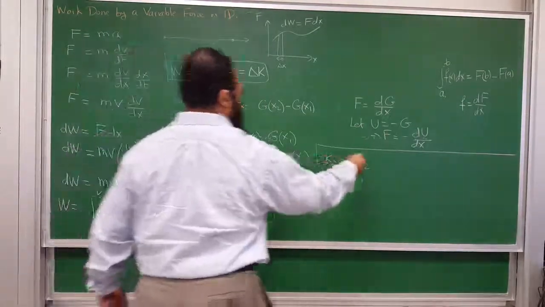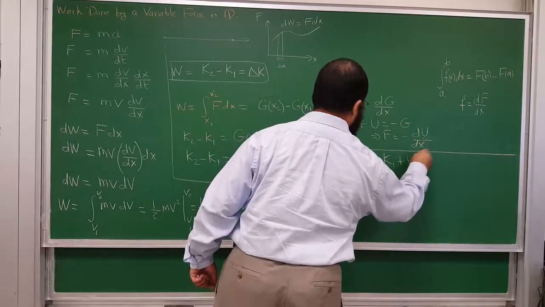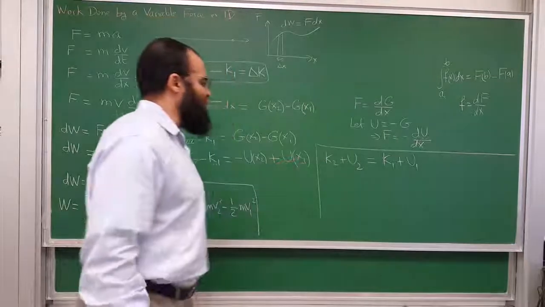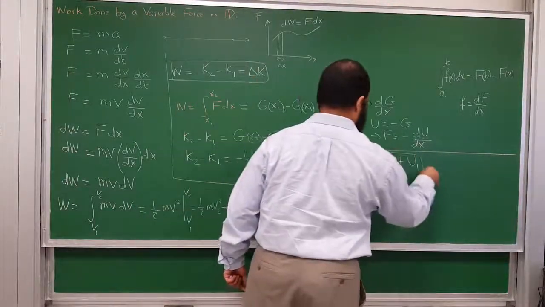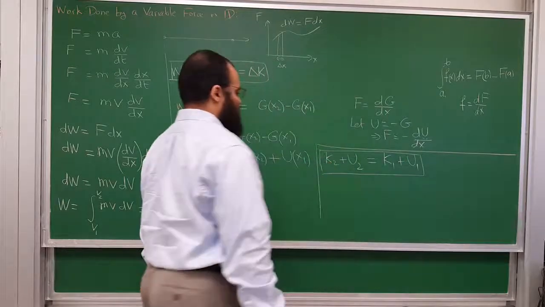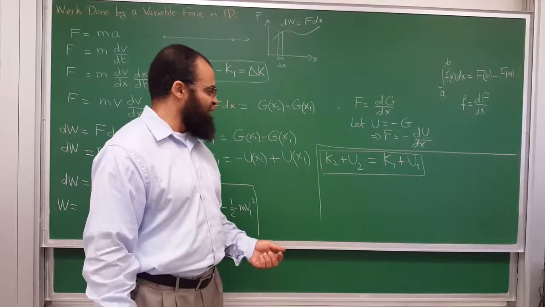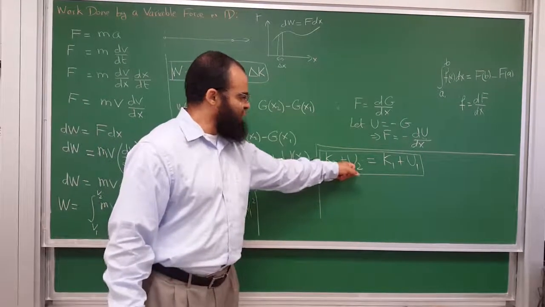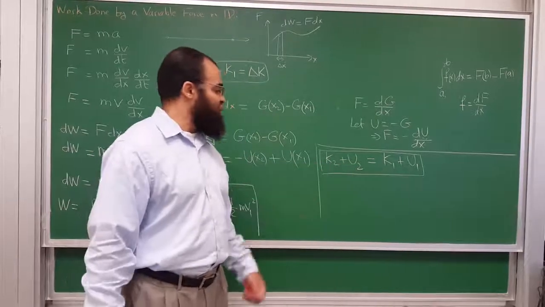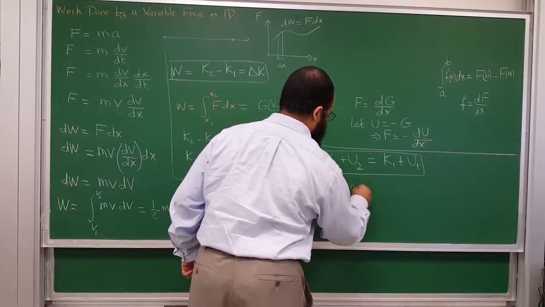And then move the K to the other side, the K1 will be K1 plus U1, U of x1, I'm calling it U1. And this is called the law of conservation of, in this case, mechanical energy. The mechanical energy of an object will equal K plus U.